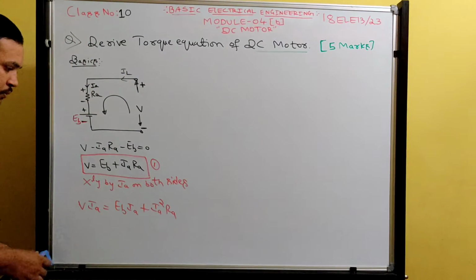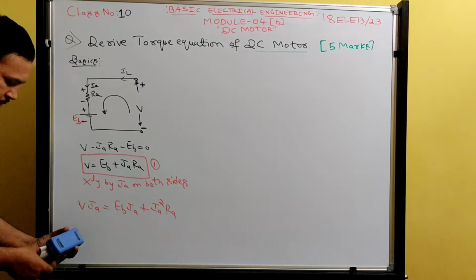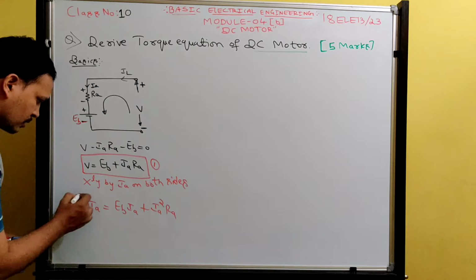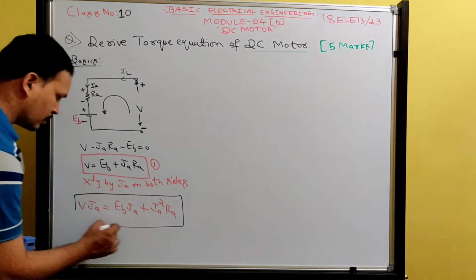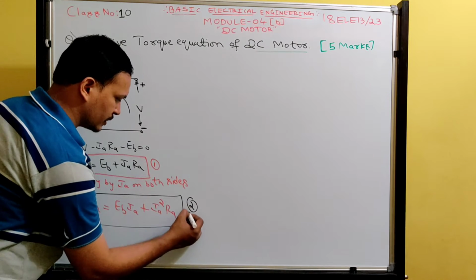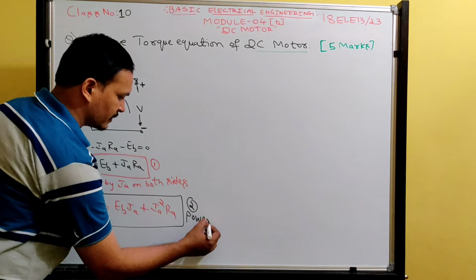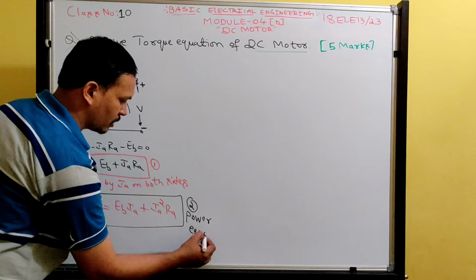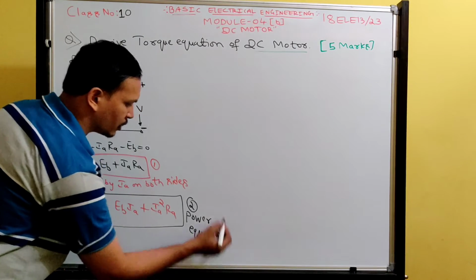See now, this equation is called the power equation of a DC motor. So equation 2 is the power equation of DC motor.